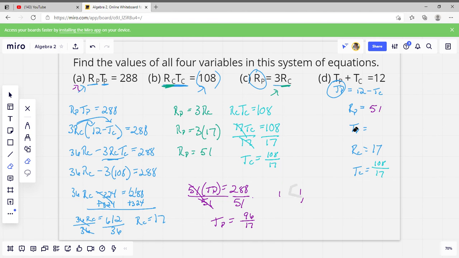So then we should be able to do 288 divided by 3, which is 96. So it's 96 over 17. There's your answer right there: 51, 96 over 17, 17, and 108 over 17. Now, I don't like that these are fractions, but that's just the way they made the practice problem. So don't freak out if you get fractions. All right, that's it for this video.